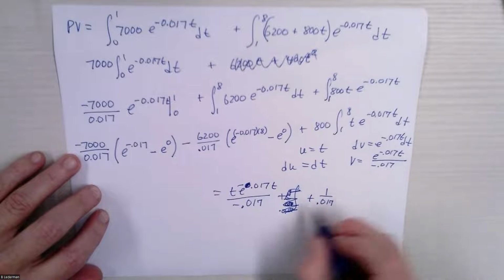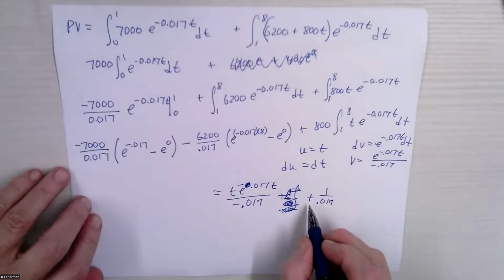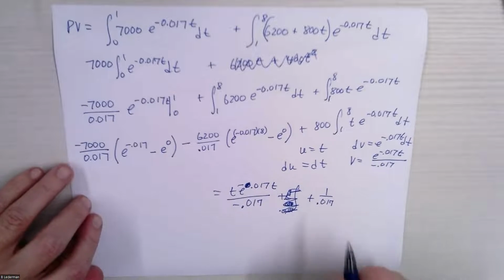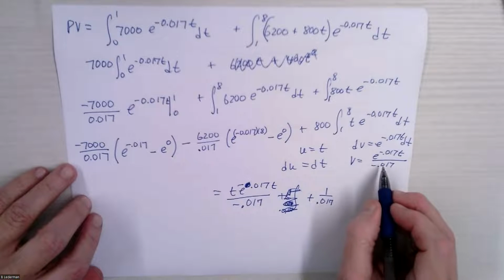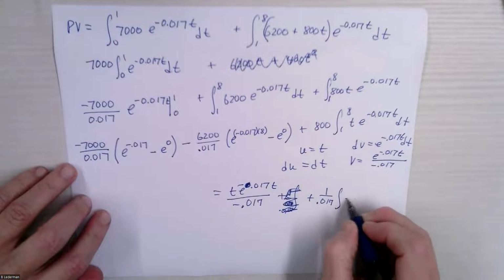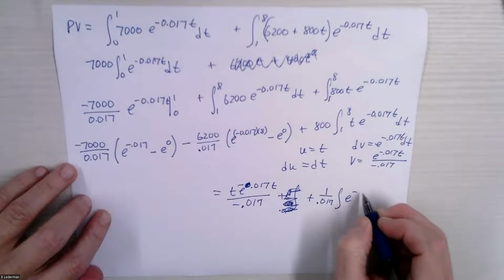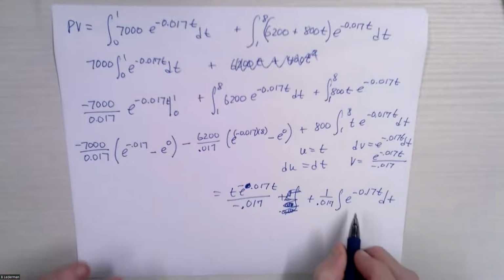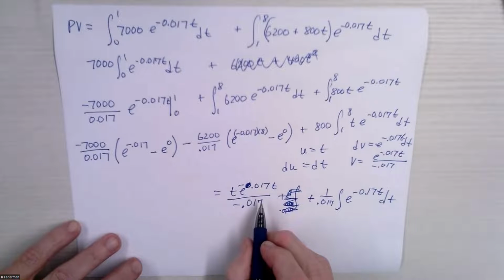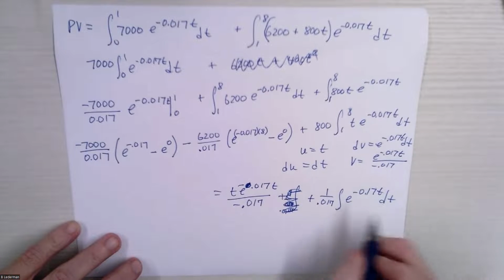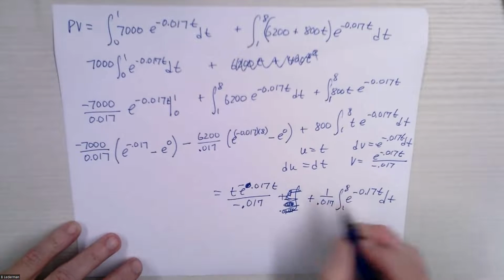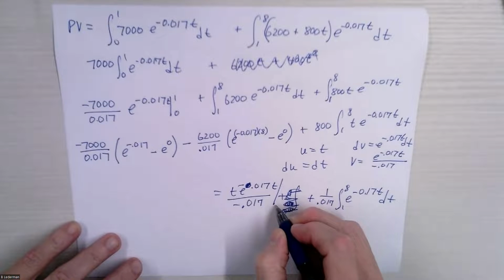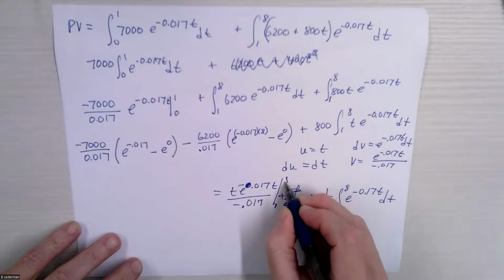The reason it became a plus instead of a minus is that the formula has a minus and the two minuses canceled. The uv part is not an integral, and has to be evaluated from 1 to 8.